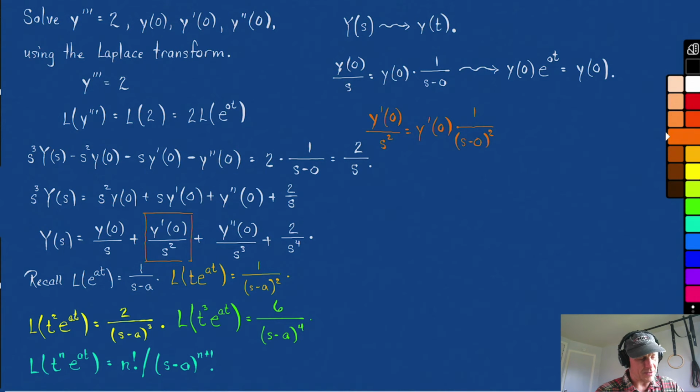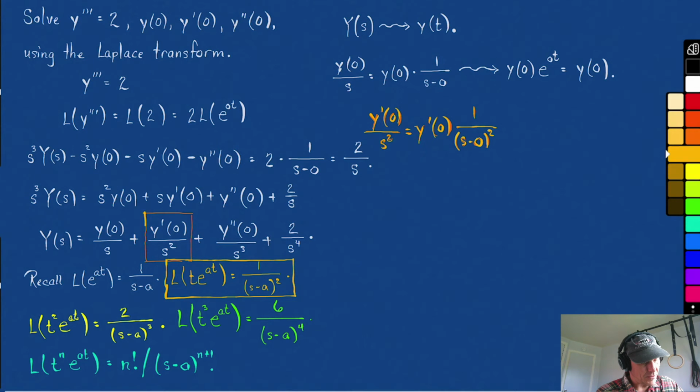Well, I purposely did this in orange, and I kind of used the wrong orange. It should have been this orange here. That looks much better. There we go. That matches down here. If we look at this box right here, that's this transform right here. That's all we have to do.